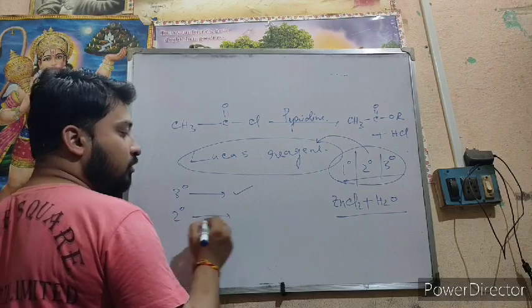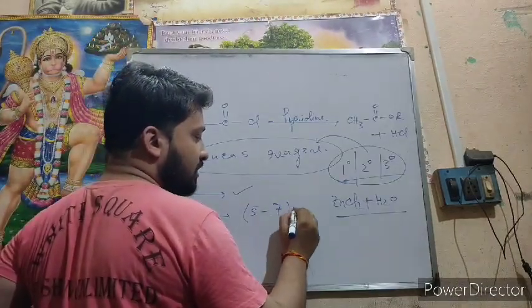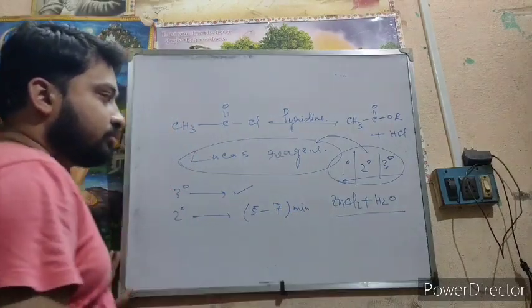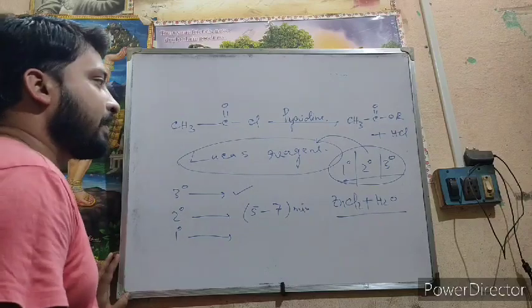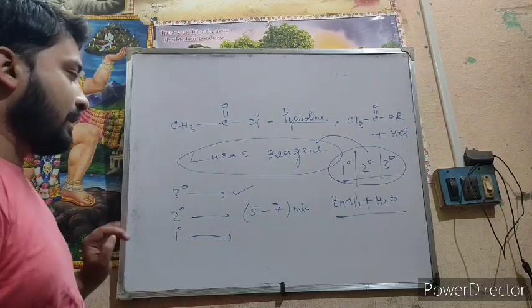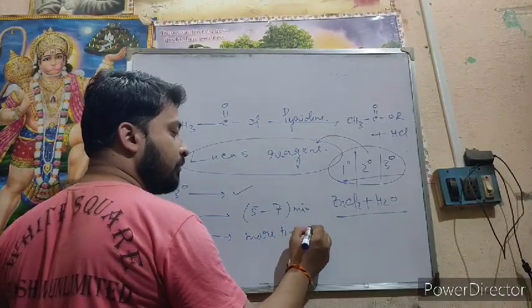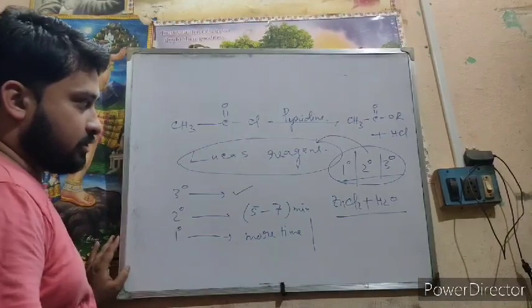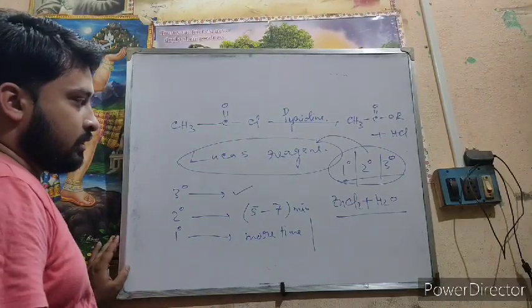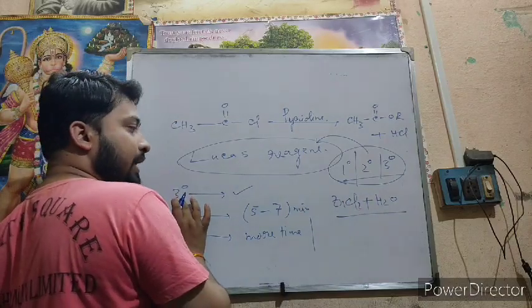But if the alcohol is 2 degree, it takes much time, 5 to 7 minutes. If the alcohol is 1 degree, it takes more time or it does not give any precipitate. It gives precipitate instantly if you use 3 degree.